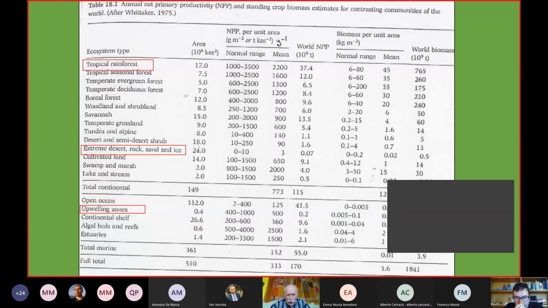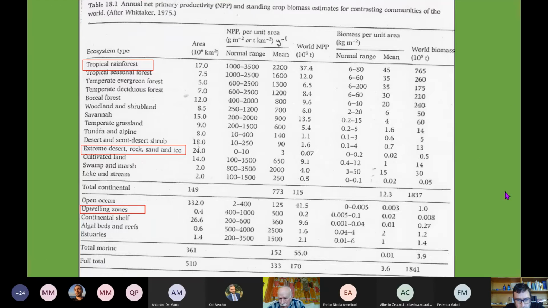Now look at the bottom, at the upwelling zones, the most fertile zones in the ocean, and you can see that the average productivity is 0.5 kilogram. And this 0.5 kilogram is produced by 20 grams.